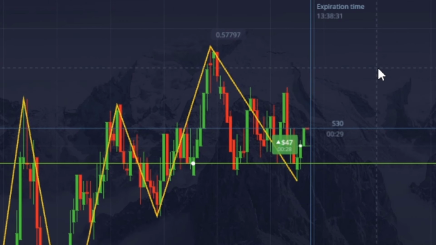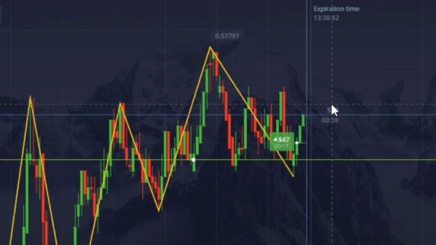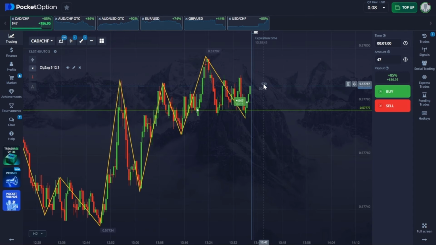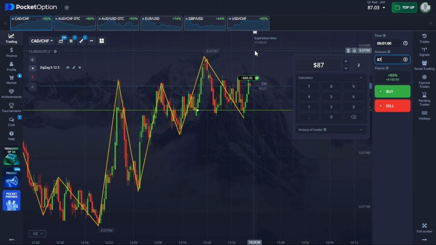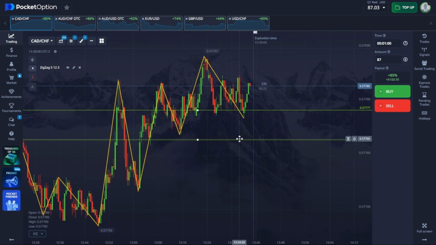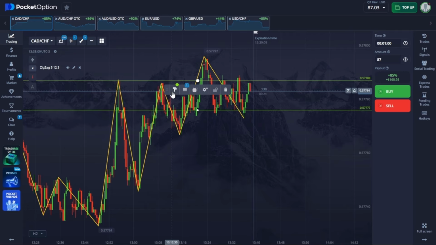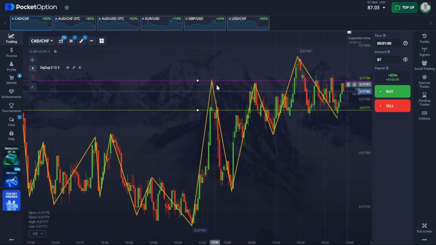Sometimes that can be a fake situation, sometimes it's a good one. So you need to wait for the confirmation. Let's see how this turns out, and look at that, 87 points, a profit for us. That's $6. Very good.